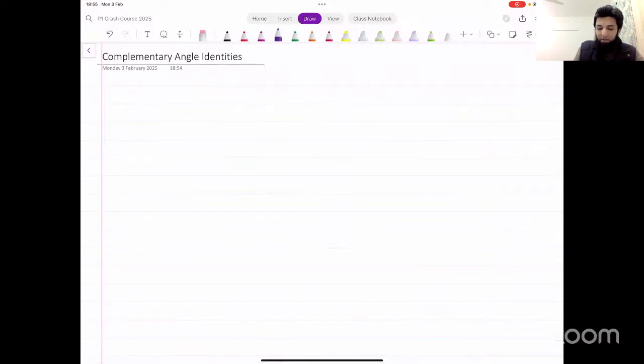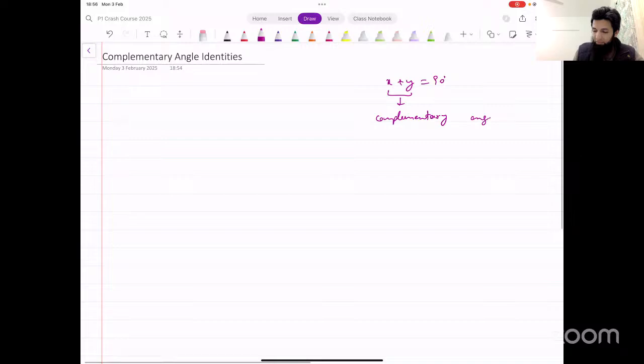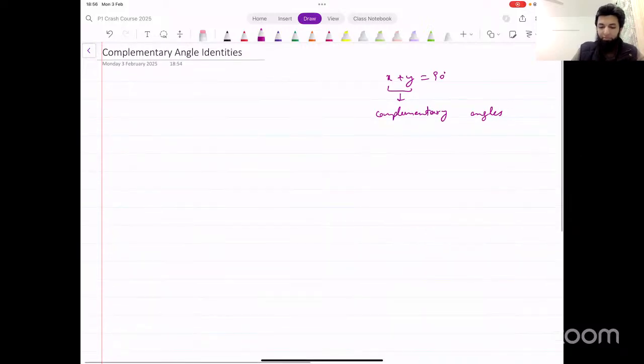So if you have one angle x and another angle y, their sum is 90, then x and y are complementary angles. We have some identities for such angles. And they look like this.